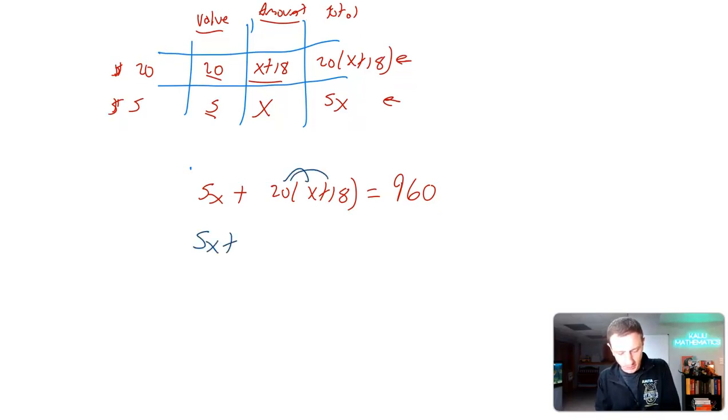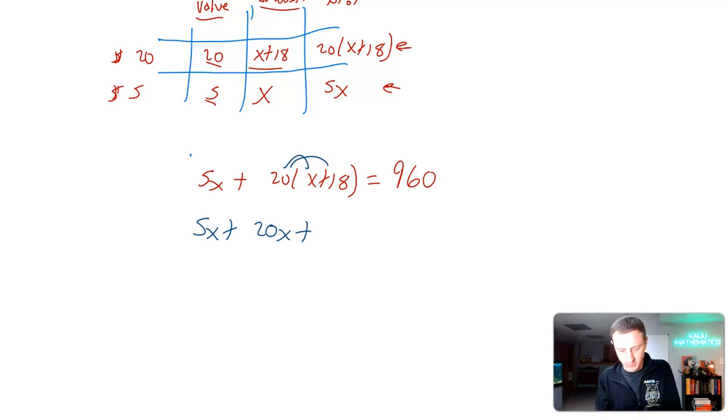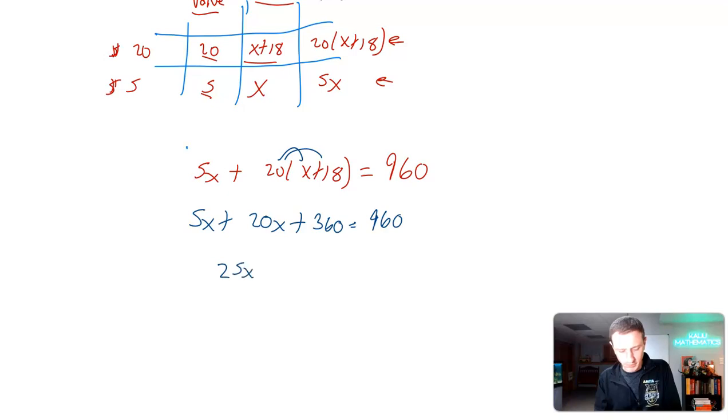So 5x plus 20 times x is 20x, plus 20 times 18 is 360, equals 960. So 25x plus 360 equals 960.